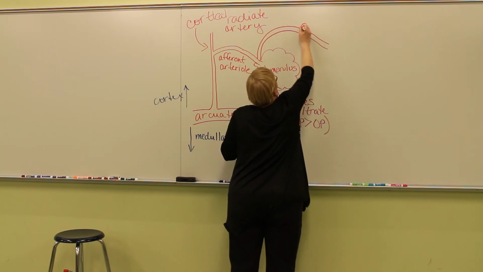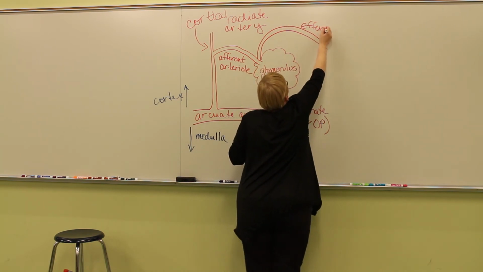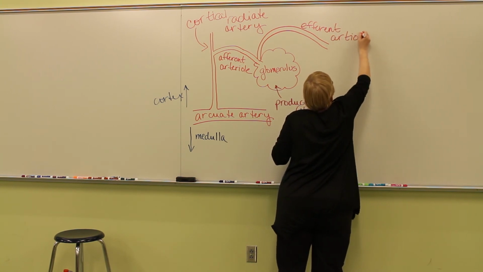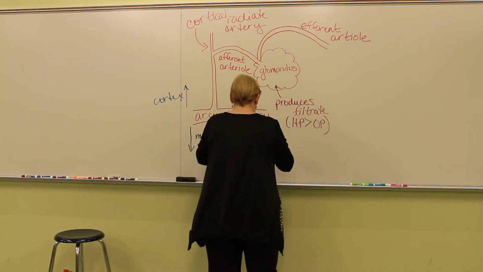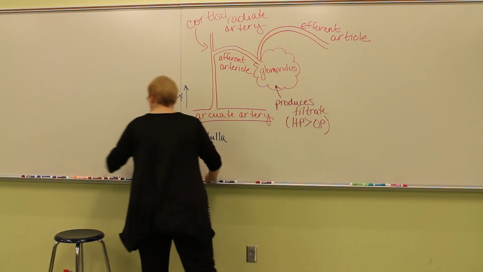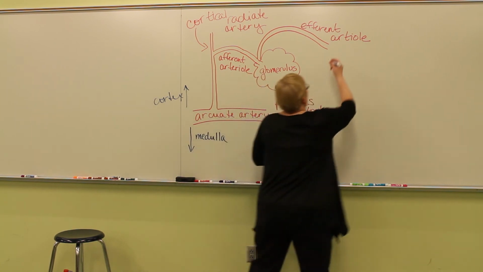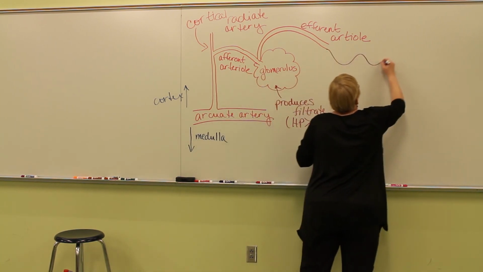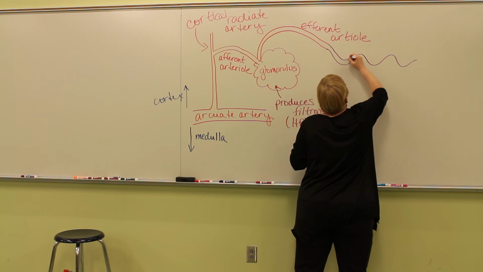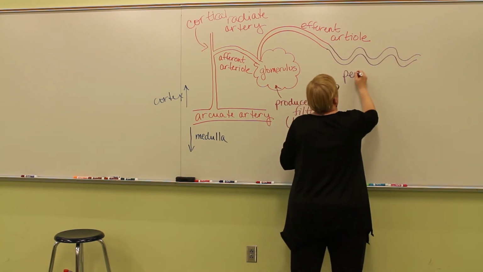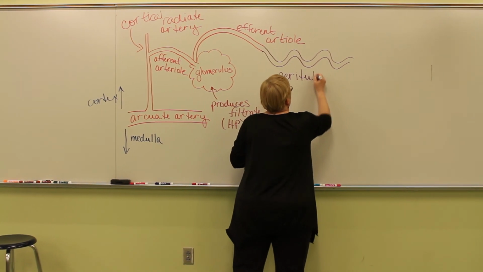Then we're going to have a second arteriole, which is the efferent arteriole. And this is going to direct blood into a second capillary bed, which I'm indicating as purple, and these are the peritubular capillaries.